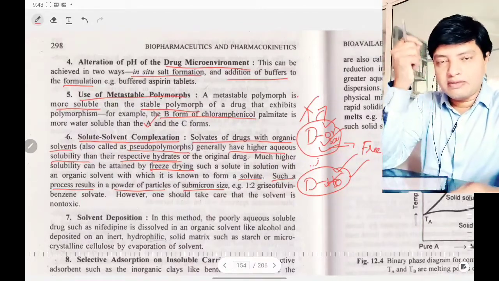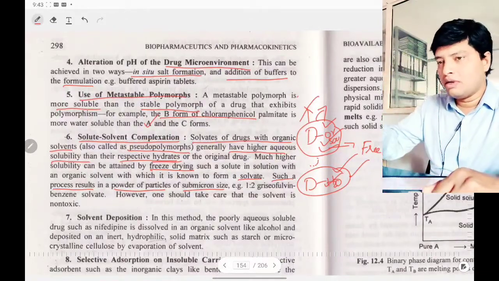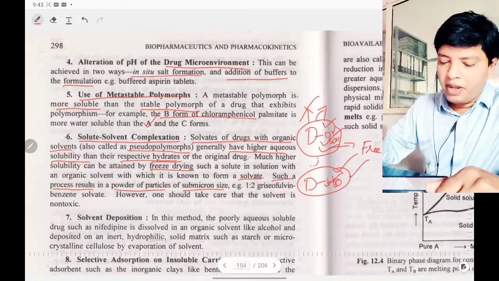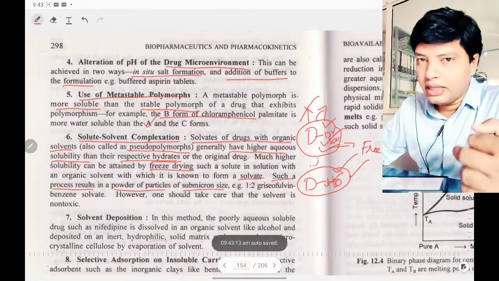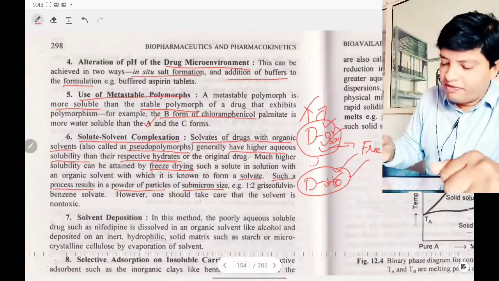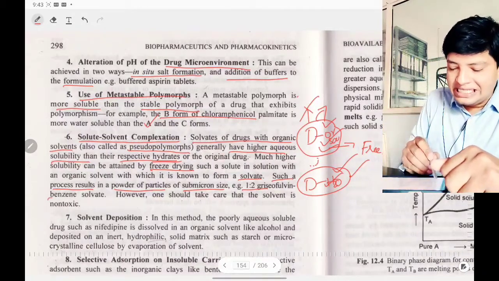The particle size is again reduced to micron. Already we studied that by decreasing the particle size, solubility increases. Here by forming a complex with the organic solvent, you are again increasing the solubility. Okay, the example for this is a 1:2 ratio of griseofulvin with benzene solvate.